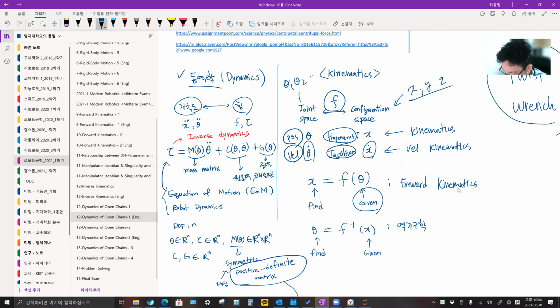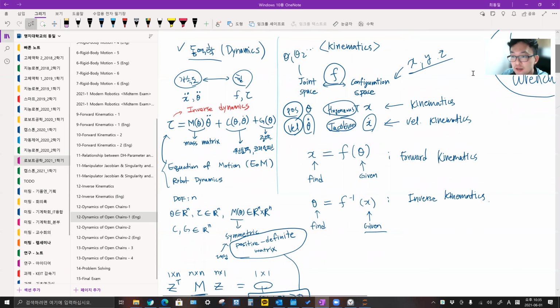And if the x, the configuration space variable, is given and we find the theta joint space variable, then this is inverse kinematics. These are the kinematics topics, and from now on we will learn about the dynamics.